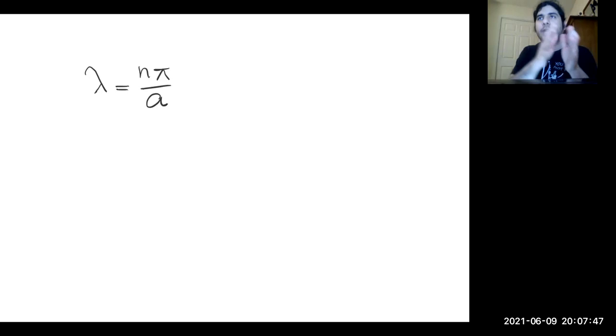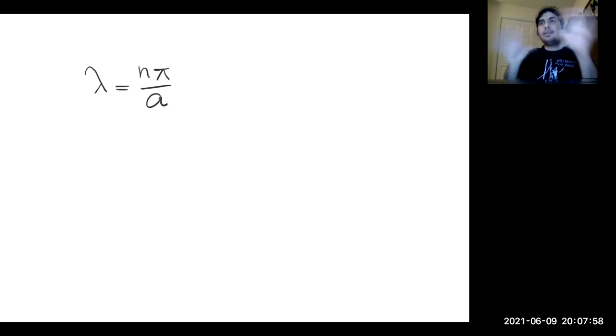So I'm telling you, for every n, we have one solution. So for n equal to 2, we have a solution. For n equal to 3, we have another solution. And they are independent solutions. But if you change n to minus n, we don't get a new linearly independent solution.